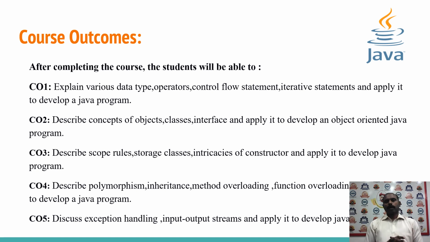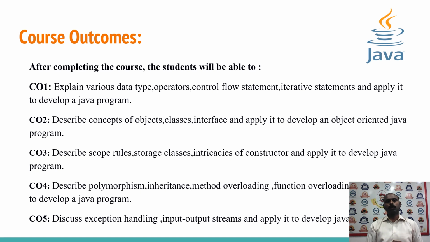Now we will look at the course outcomes of this subject. In course outcome 1, we are trying to understand all the basic concepts, which include data types, operators, control flows, iterative statements, repetitive statements, jumping statements, and how you can develop a program using such basic concepts.